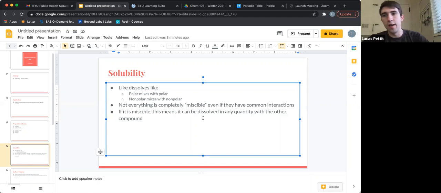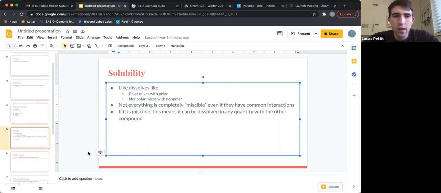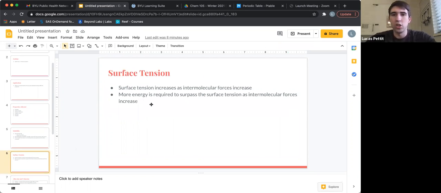So if something has very small amounts or no parts of hydrophobic ends, and it's all hydrophilic, then it'll be able to be miscible. So if it's polar, it'll be miscible if it's 100% polar. But then if you get long enough chains, it might not mix. So that's solubility. Next, we have surface tension.